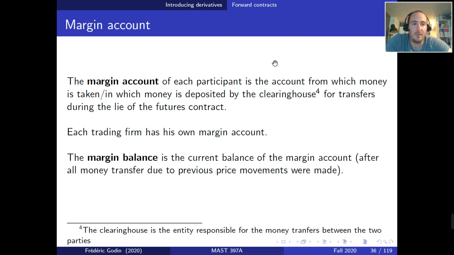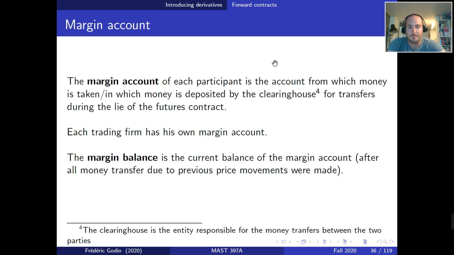when you enter a futures contract, typically these contracts are centralized. So what happens is businesses which want to enter a futures contract, so let's say you have a short position and a long position, they don't enter into a short and long position directly against each other. There's usually what we call a third party with which each of the institutions transact, and this third party is called the clearing house, often an institution associated with a financial exchange.